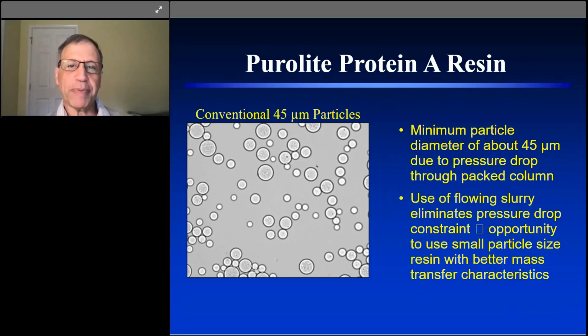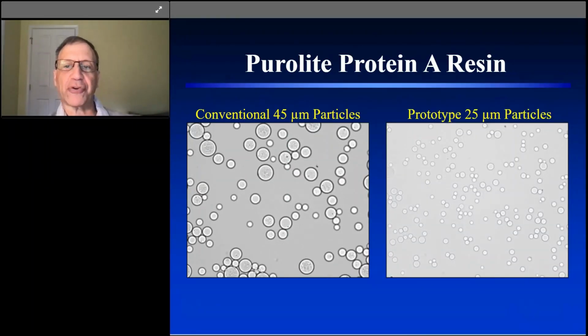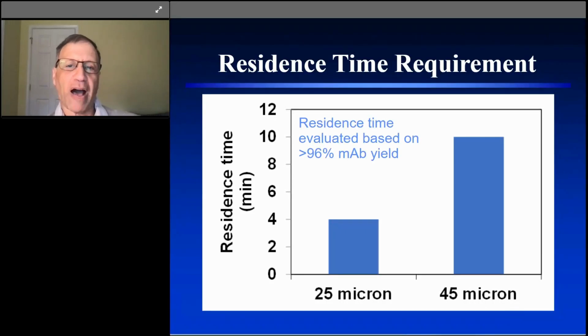And so we worked with Purolite, who is one of the manufacturers of Protein A resins, and designed a smaller prototype particle resin that could still be used for Protein A chromatography. These have an average particle size of just about 20 to 25 microns. Because of the smaller particle size, it is a much shorter time required for the antibody to diffuse into the center of the particles to bind to the protein A ligand.